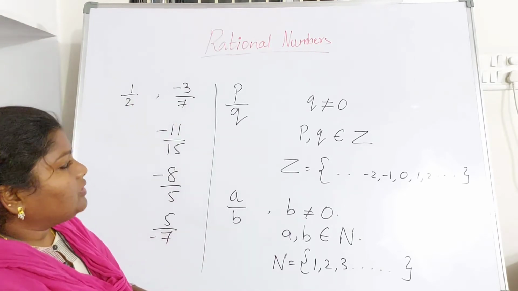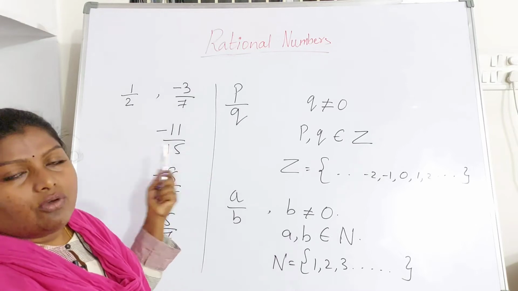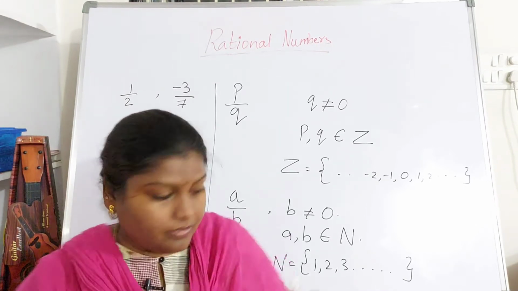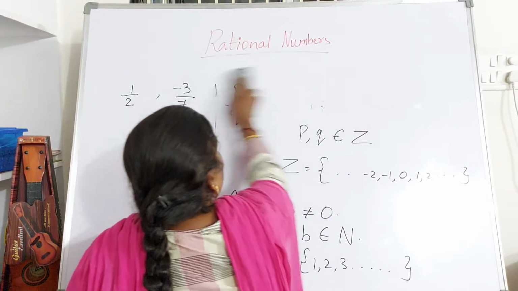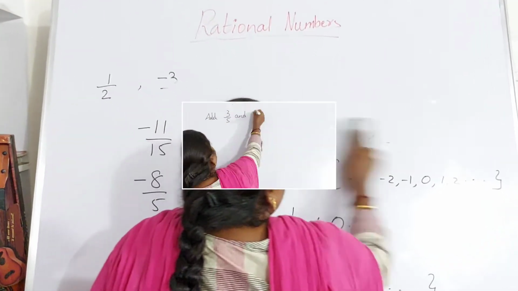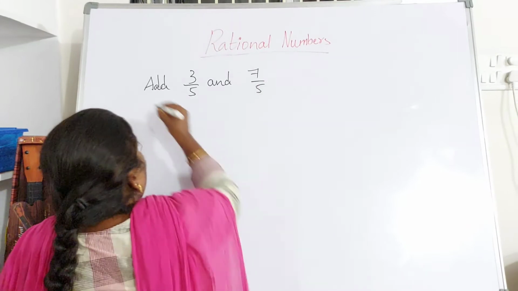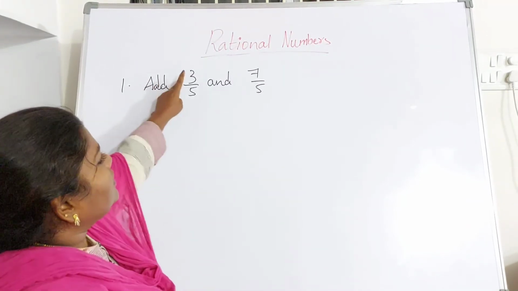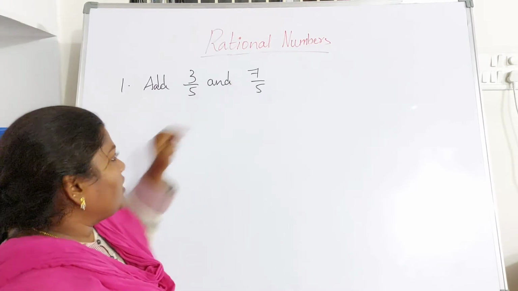So let's continue with rational numbers: how to add rational numbers. I have taken an example: add 3 by 5 and 7 by 5.